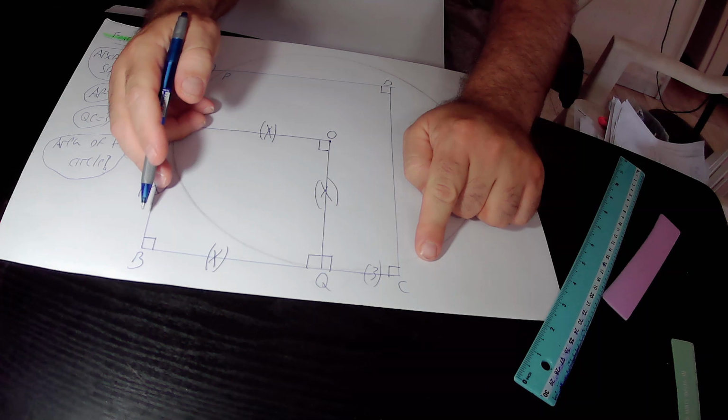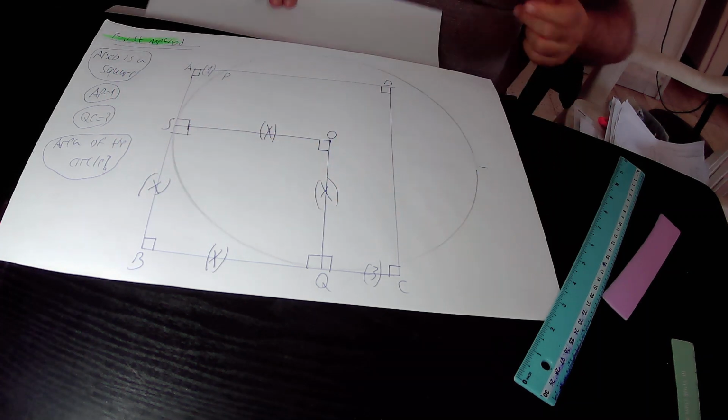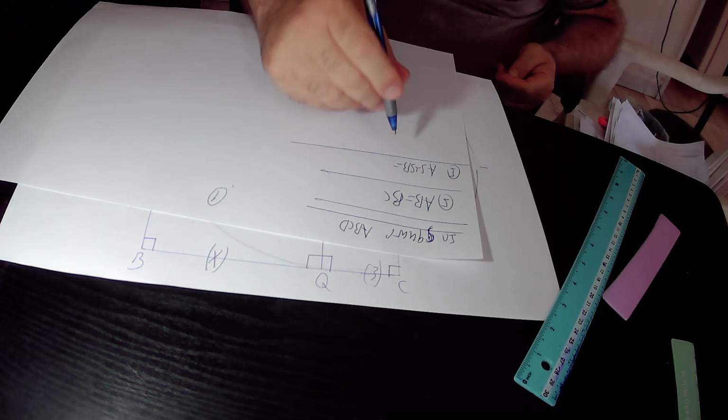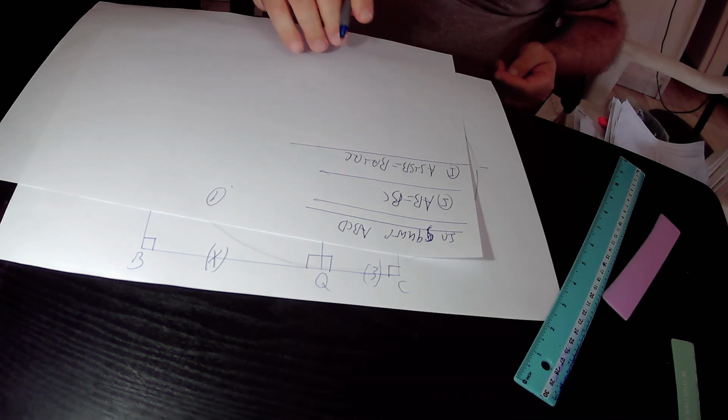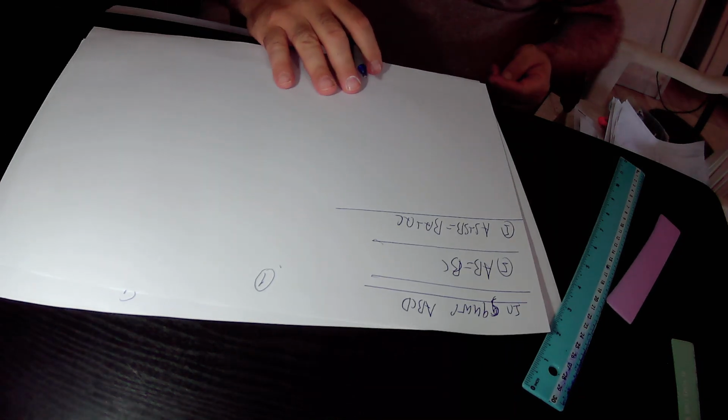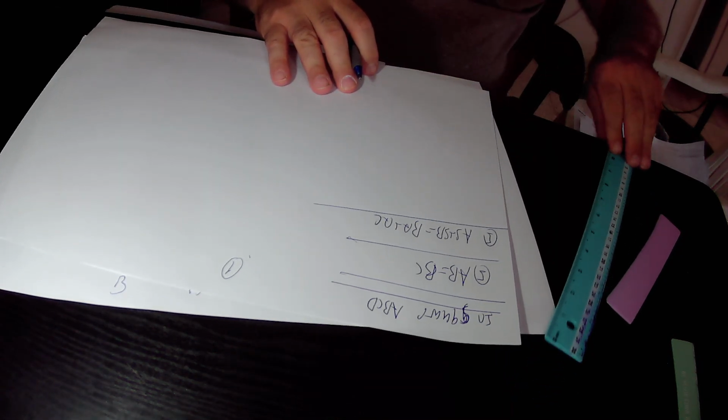Side BC in total equals BQ plus QC. So according to equation 1, we should find that AS plus SB equals BQ plus QC.